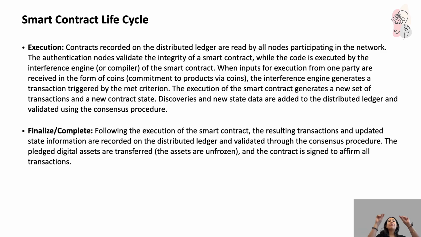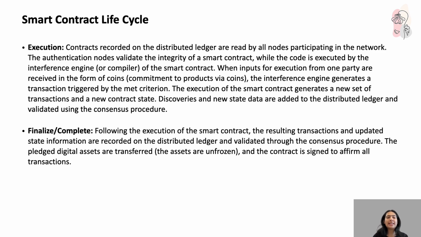Like if my if condition is true, it starts executing the code inside the if statement. The blockchain's interpreter engine executes the contract logic, validates it through consensus, and updates the state of the contract. As a result, new transactions and a new state are recorded on the distributed ledger.